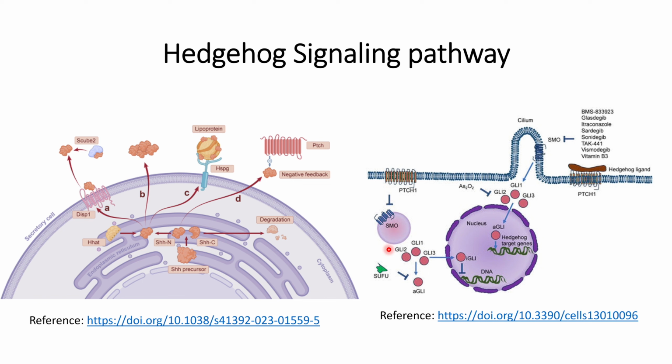In order to avoid this process, different areas can be targeted. For example, SMO, to prevent PTCH from detaching SMO. The other way is that the activated GLI transcription factors should not get activated, with the help of a SUFU reagent or drug.